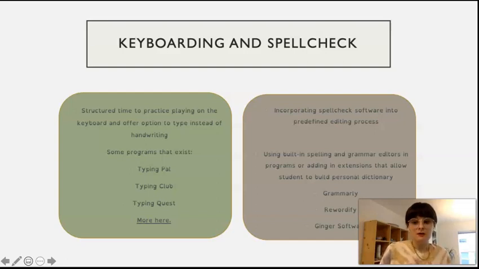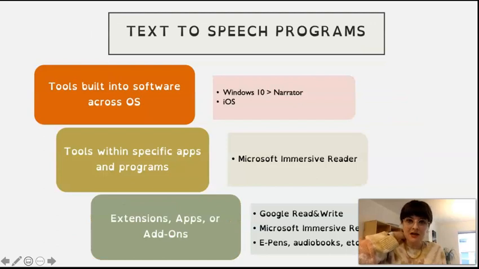Here are some examples of great spelling programs and grammar programs that work with the reader, and most of these are free because, like I said, I like free things. Text-to-speech programs are really how I got into this whole aspect of assistive technology when I started working at Hamlin Robinson.